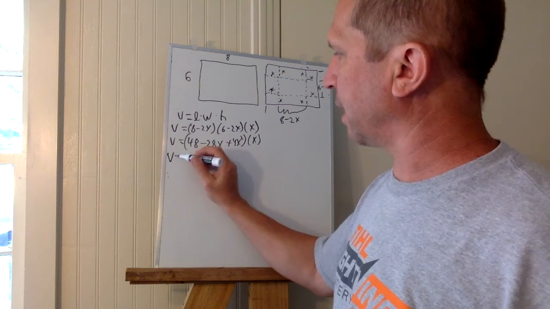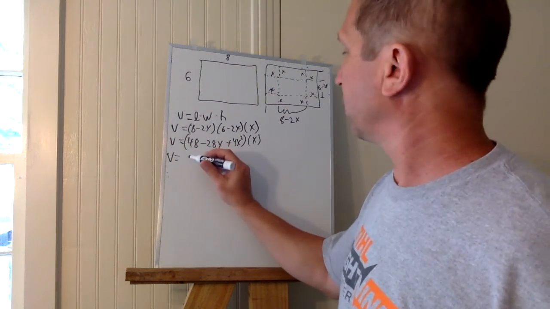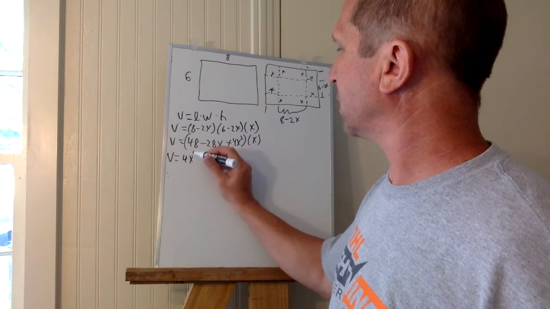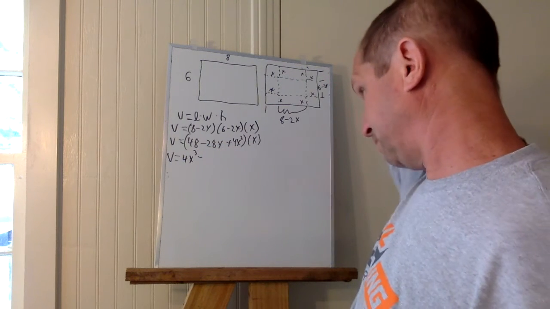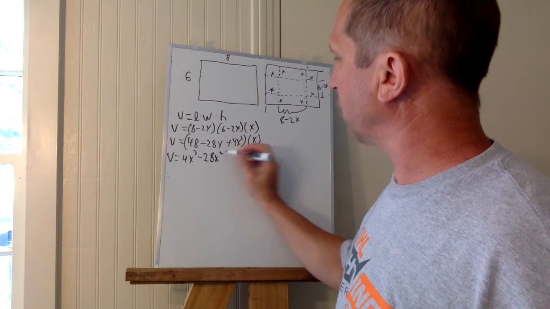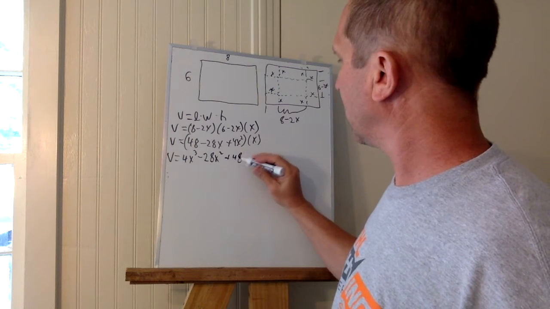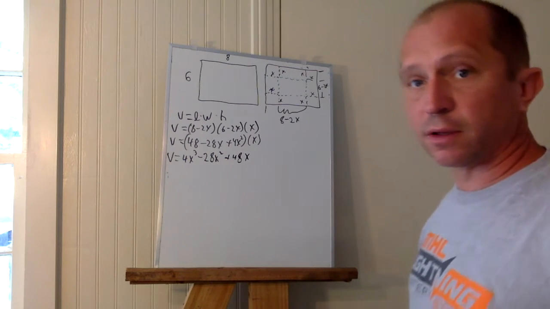So we distribute in, and I'm going to go ahead and write it in descending order at this point right here. So we get 4x cubed minus 28x squared plus 48x. That's how we would calculate the volume.